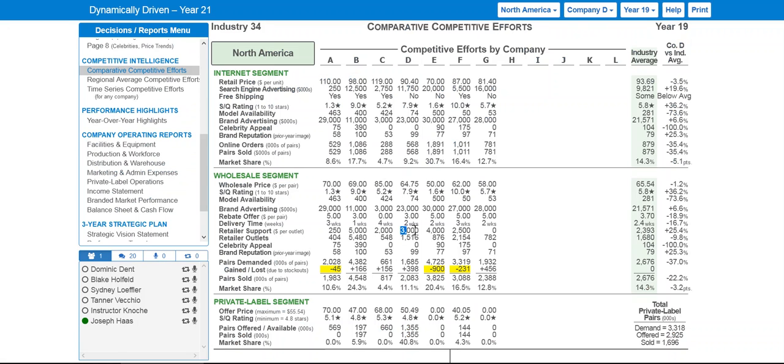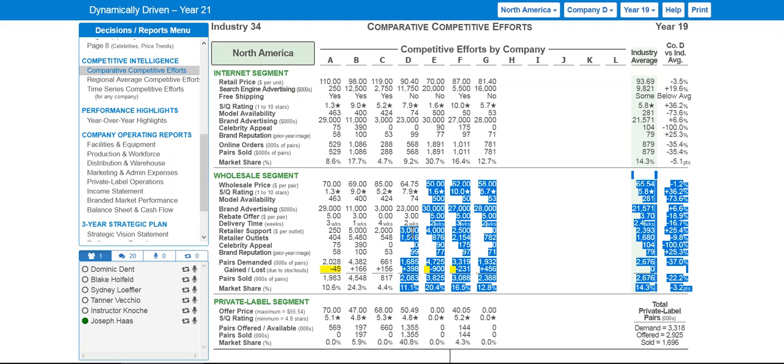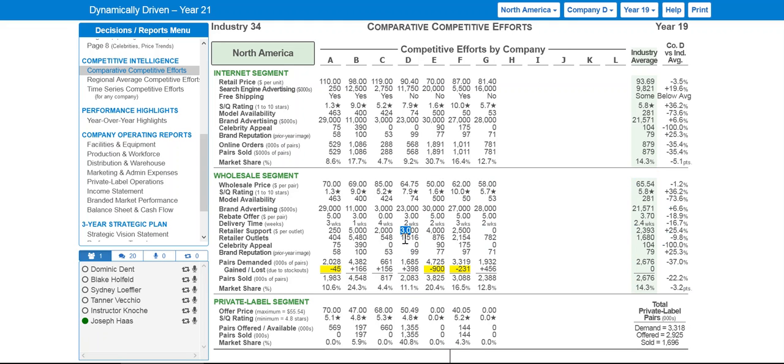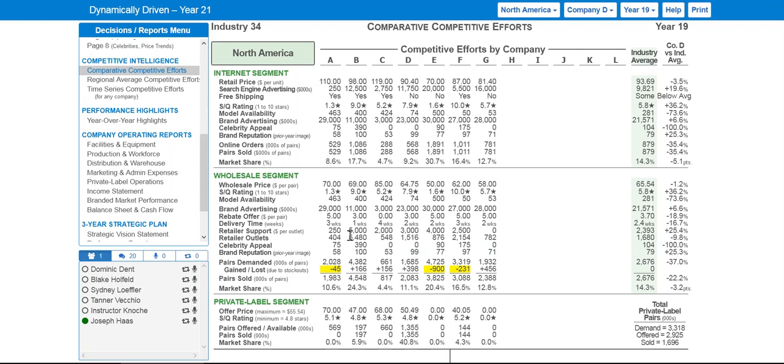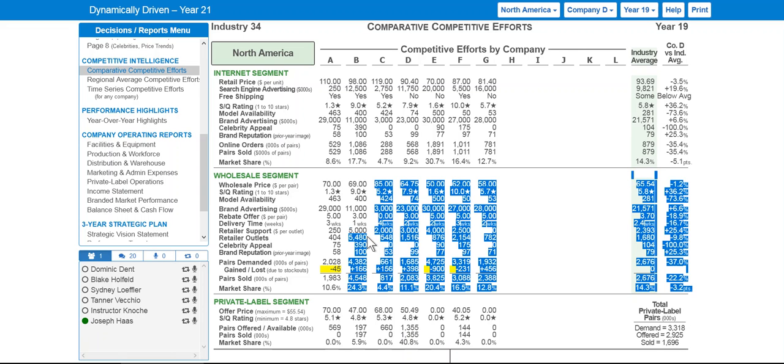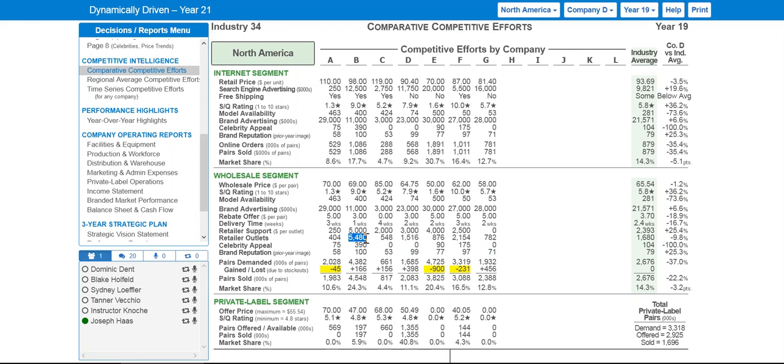So if we invested $3,000 in retailer support, it affects how many outlets, how many stores are actually selling our shoes. In this case, in year 19, this is one of the things that hurt us, because if you look at Team B, they invested $5,000, yet they had retail outlets of over 5,000, and that was because of their celebrity appeal.